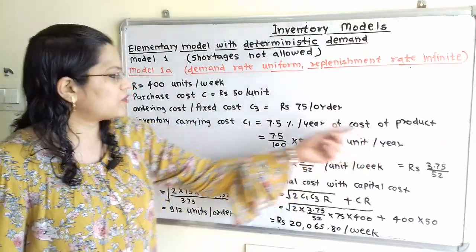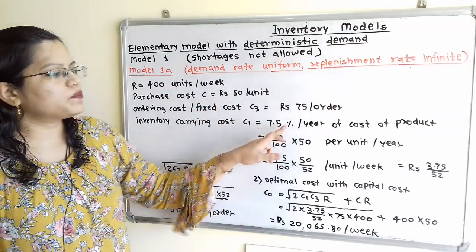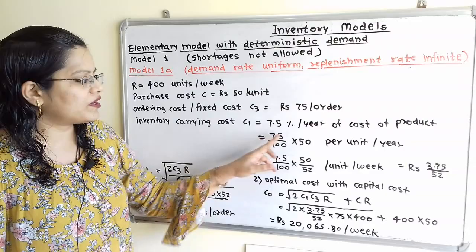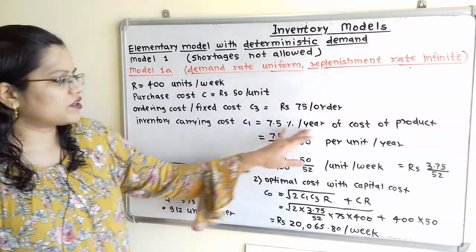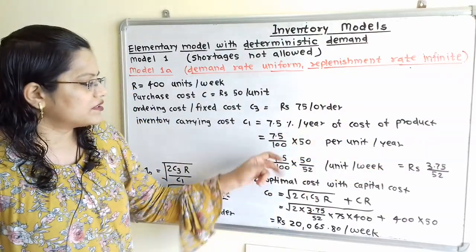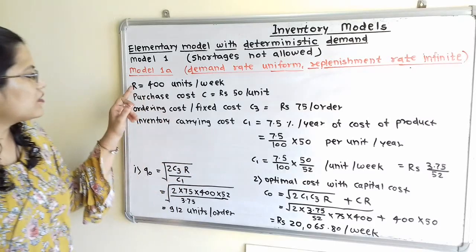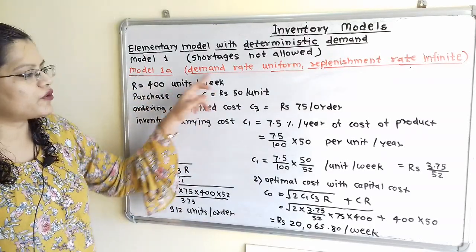Then the inventory carrying cost, that is C1, is given as 7.5% per year of the cost of the product. Now what is the cost of the product? That is 50. So we multiply 7.5 divided by 100 multiplied by 50. Now this is the cost per unit per year. Now if we observe, the inventory consumption rate is given for a week.